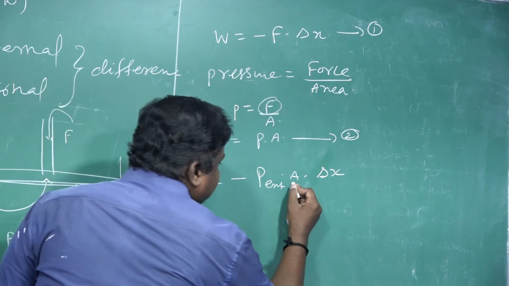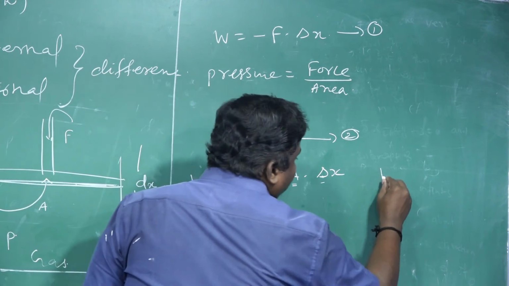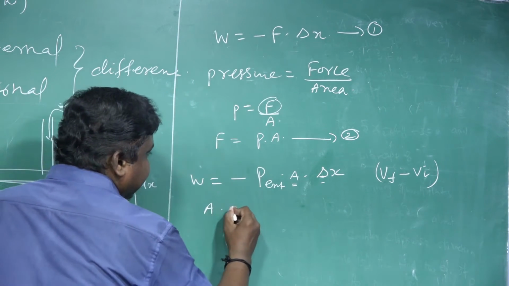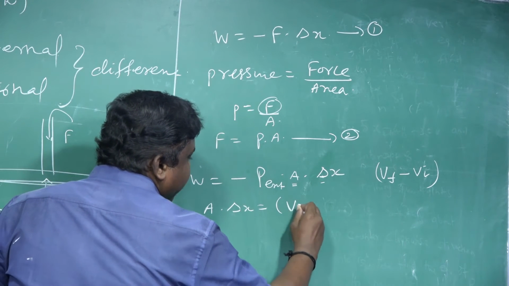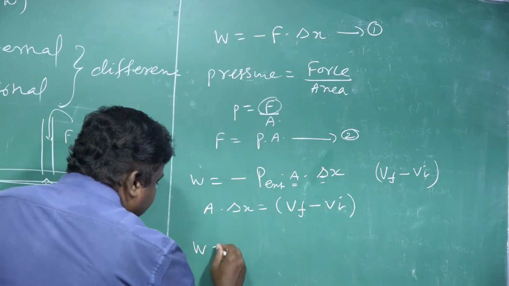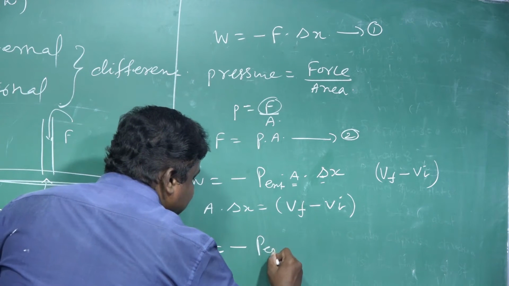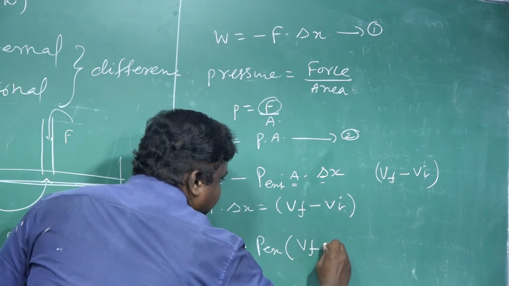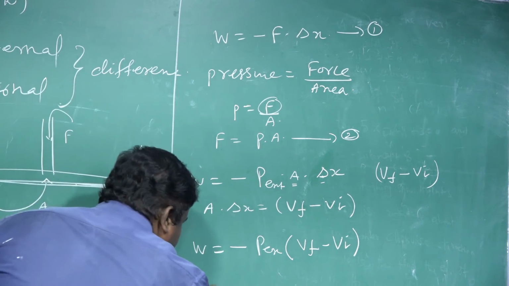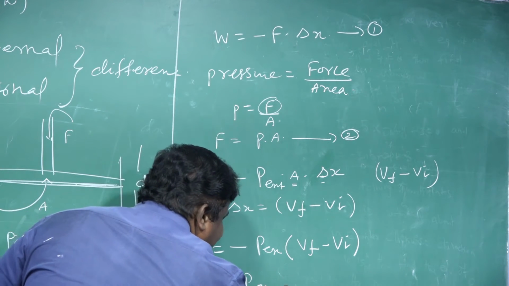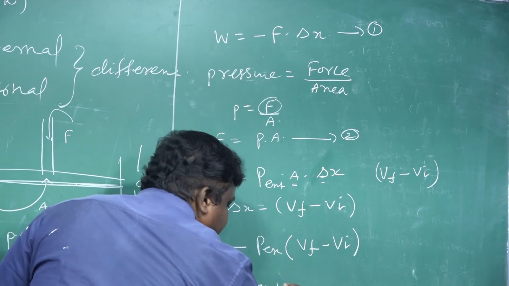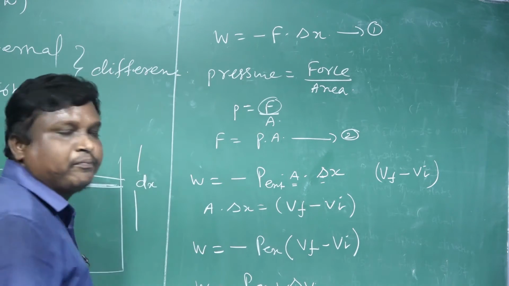We know that the cross-sectional area A into delta x is nothing but volume final minus volume initial. Substituting, W is equal to minus external pressure into (volume final minus volume initial), which is nothing but dV, the change in volume.